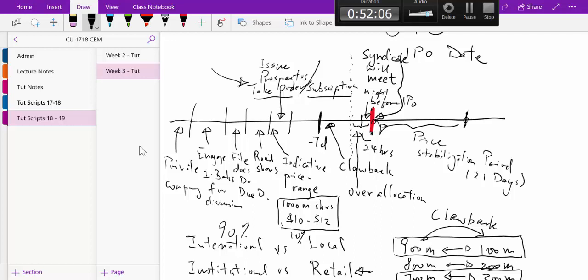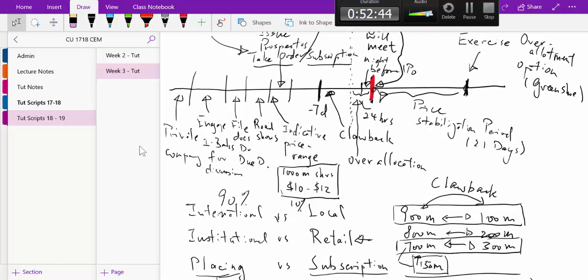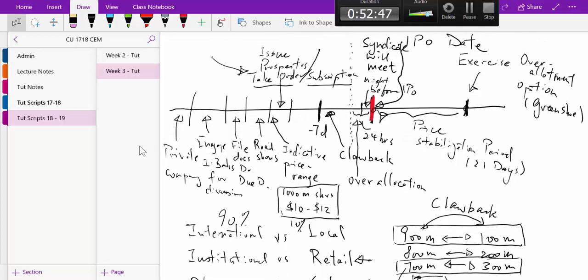But if they don't, then at the end here, they will exercise the so-called over-allotment option, the so-called green shoe option, which is not an option in the derivative sense of the word option, okay? Now, is everyone okay so far? So now you understand the timeline, yes?